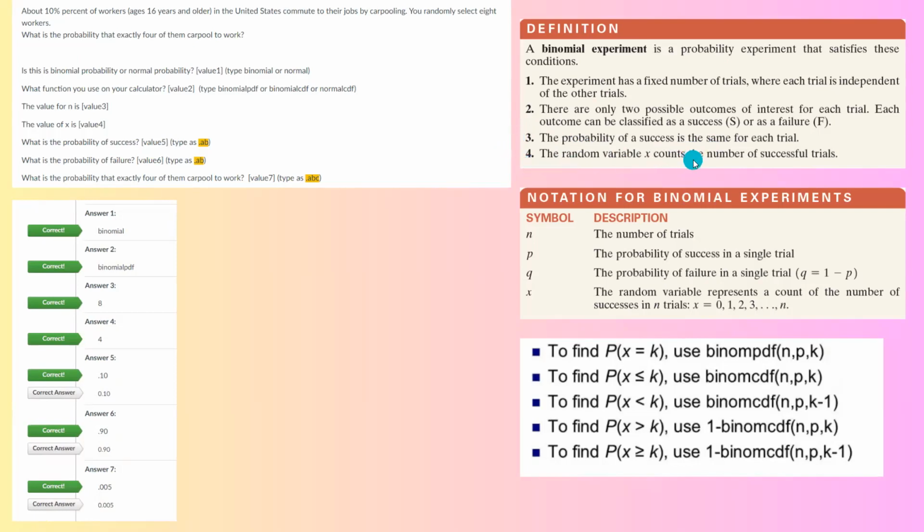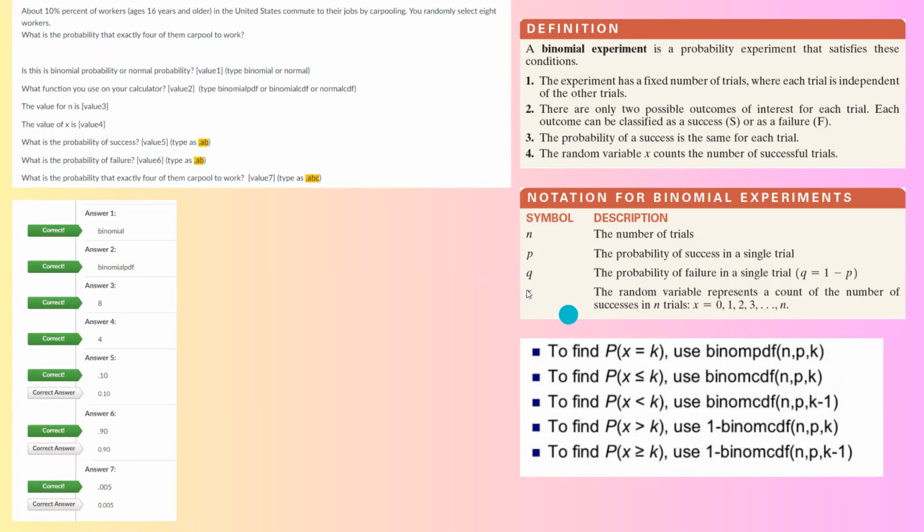The random variable x counts the number of successes in this experiment. So we want to know if they carpool or not, and x counts the number of people who actually carpool to work.